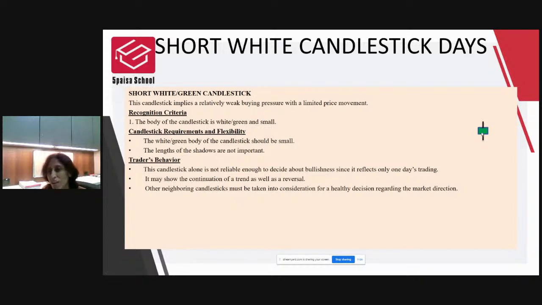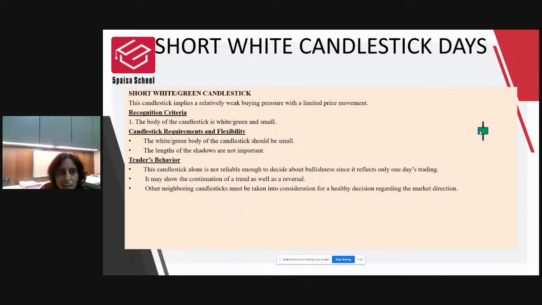Nowadays softwares reflect various colors, and usually it is white or green for showing positive sentiments, or black or red if it is a bearish sentiment, right? So what you can see here is that the real body is very small, and the lengths of these shadows are not important. It is only the size of this real body which is important in this case.